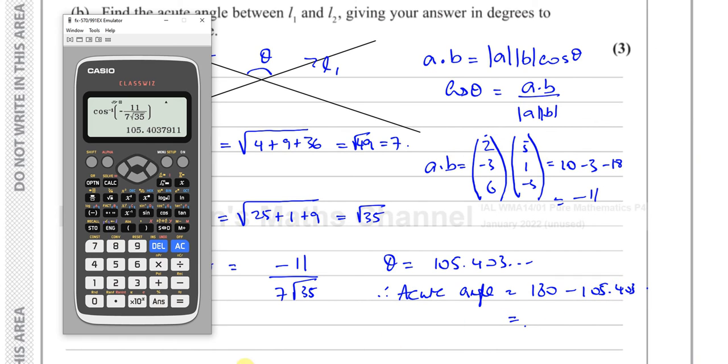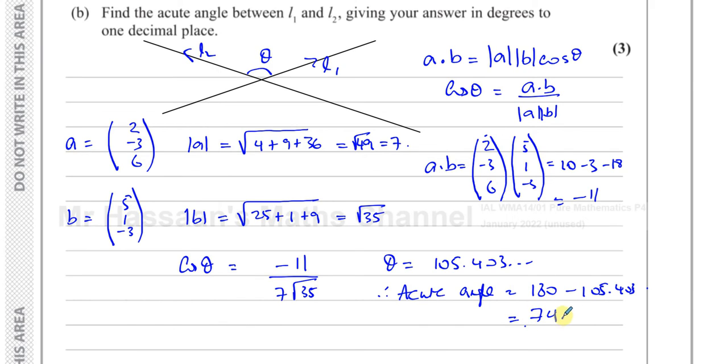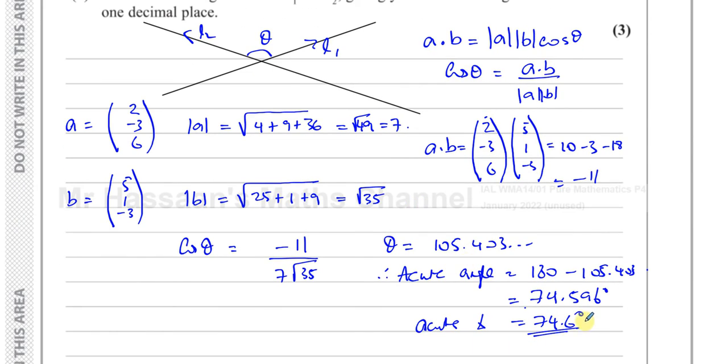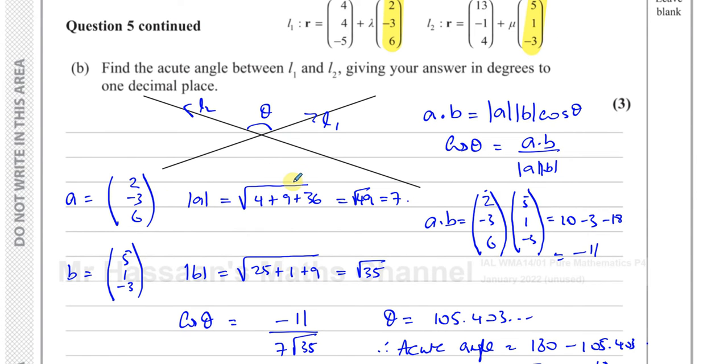So we take the answer and we do 180, take away the answer, and that gives us 74.596 degrees, which is 74.6 degrees. That is the acute angle between those two vectors. So there's the answer to part B, 74.6 degrees. So that's part B done.